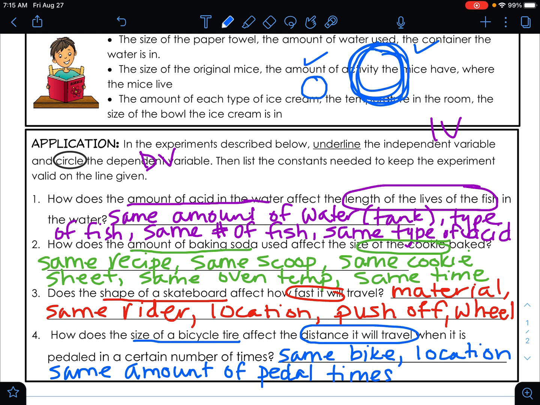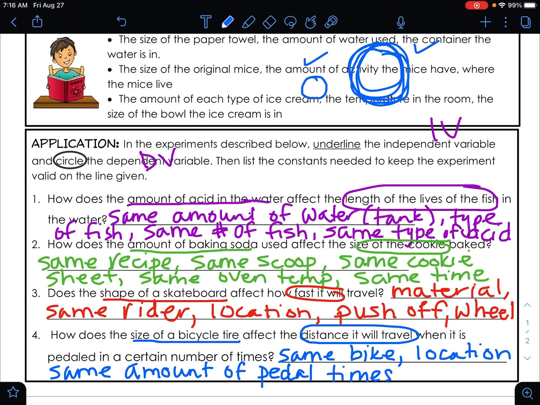Whatever it is that you've determined is going to be the number of times. That could be 10 times. It could be 20 times, okay? Because when the question asks when pedaled a certain amount of time, that's kind of up to interpretation as far as what is that certain number of times. Well, that has to be determined by the scientist.